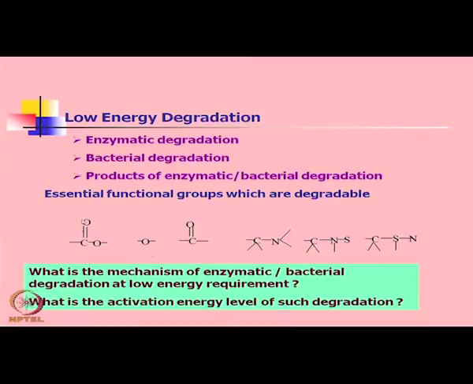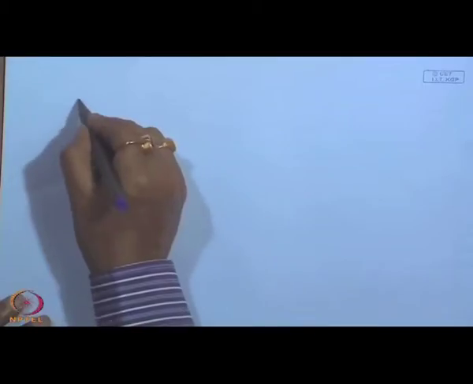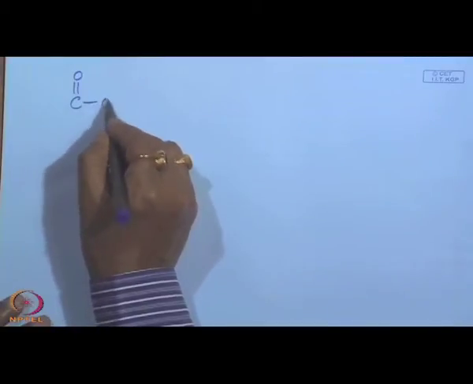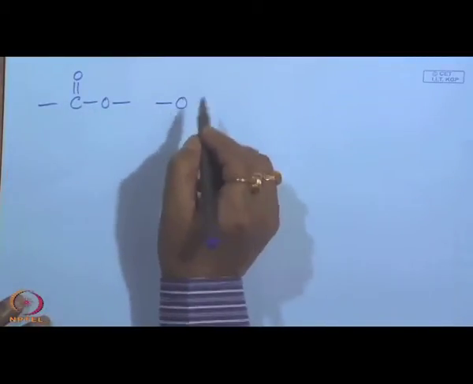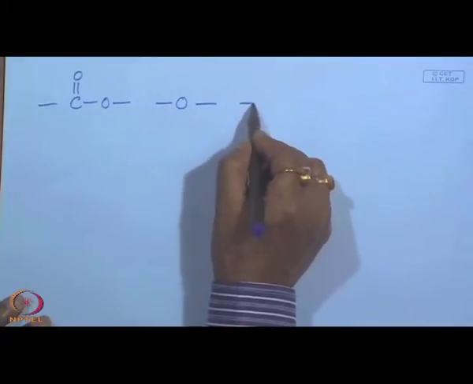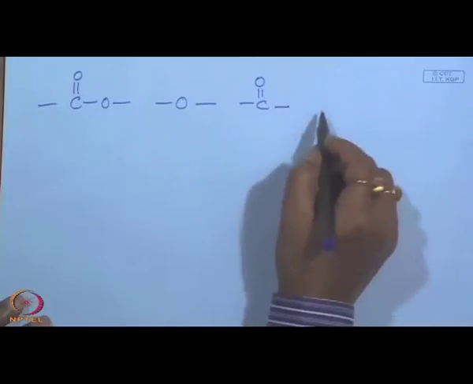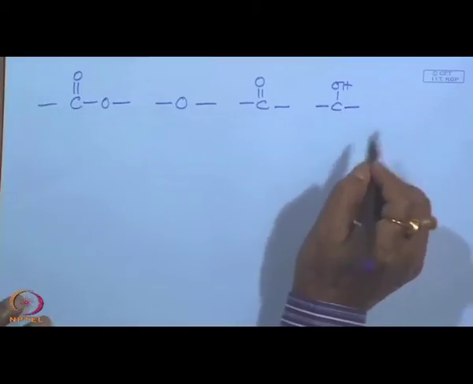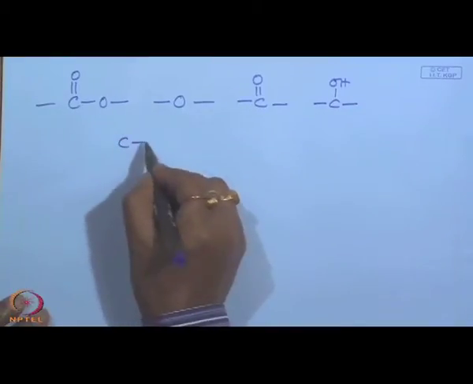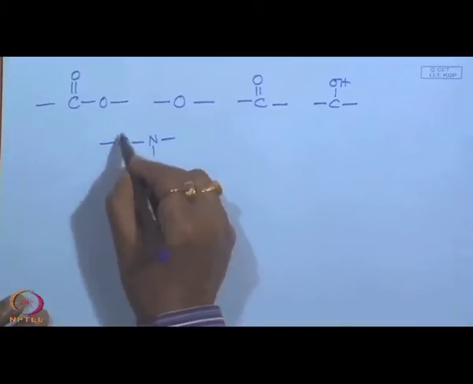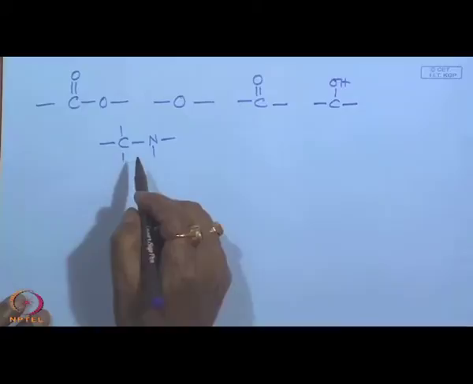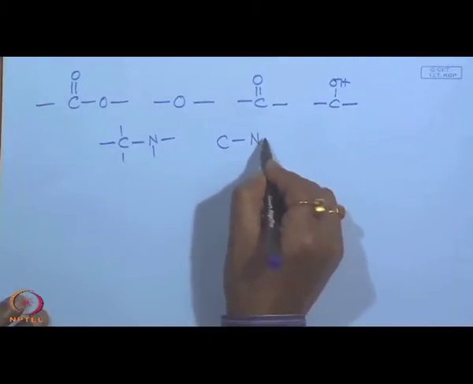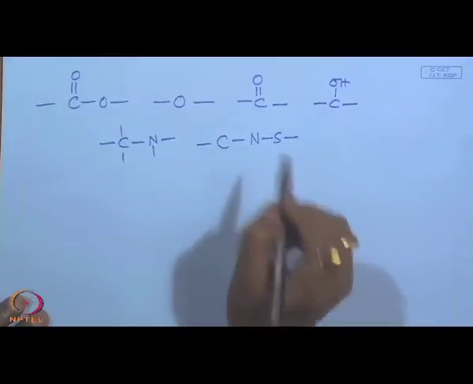So, these are ester functional group, ether functional group, ketonic functional group, hydroxyl group, or polymers containing carbon-nitrogen linkage in different forms, polymers containing carbon-nitrogen along with sulfur.